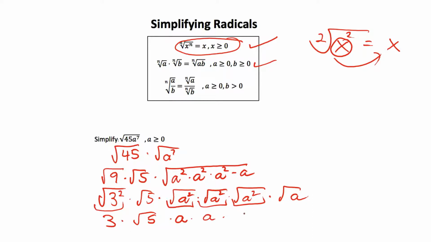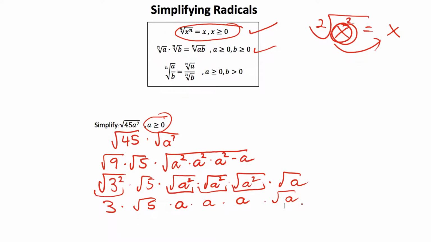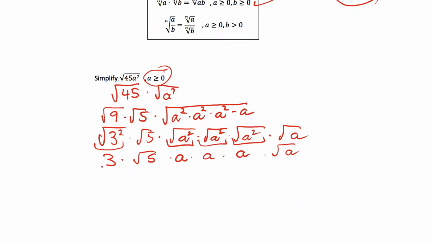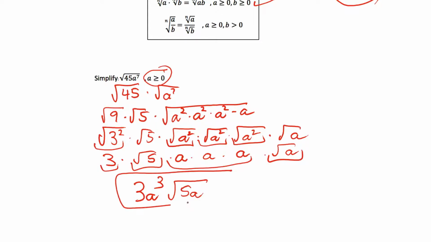We only need the absolute value if our a was a negative, which we're told it's not. And the square root of a stays as it is. And then just cleaning this up, this stuff multiplied would be 3a cubed, and the root 5 times the root a can be recombined as root 5a for my simplified form.